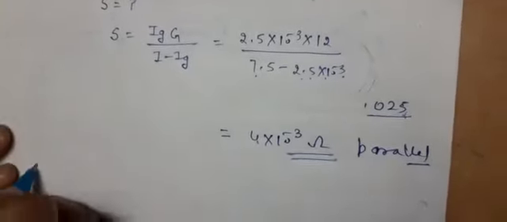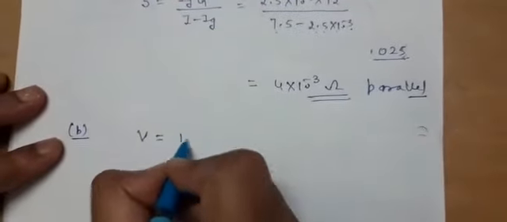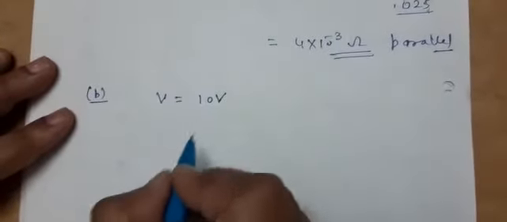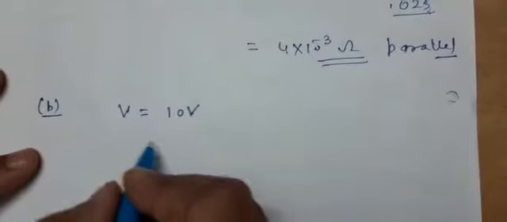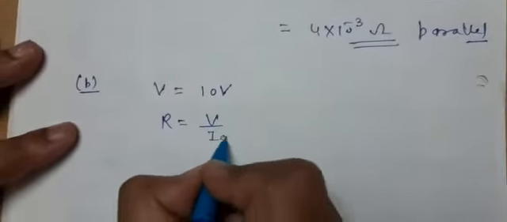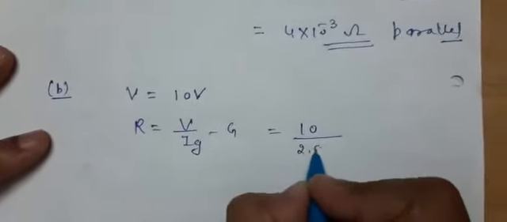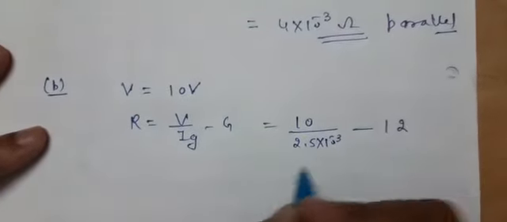ampere. Second part, it has to be converted into a voltmeter whose range is 0 to 10 volt. So potential difference, that is maximum voltage, is 10 volt. So again what should we do? We must connect a series resistance. That resistance value is V by Ig minus G. So 10 upon 2.5 into 10 to the power minus 3, minus galvanometer resistance.